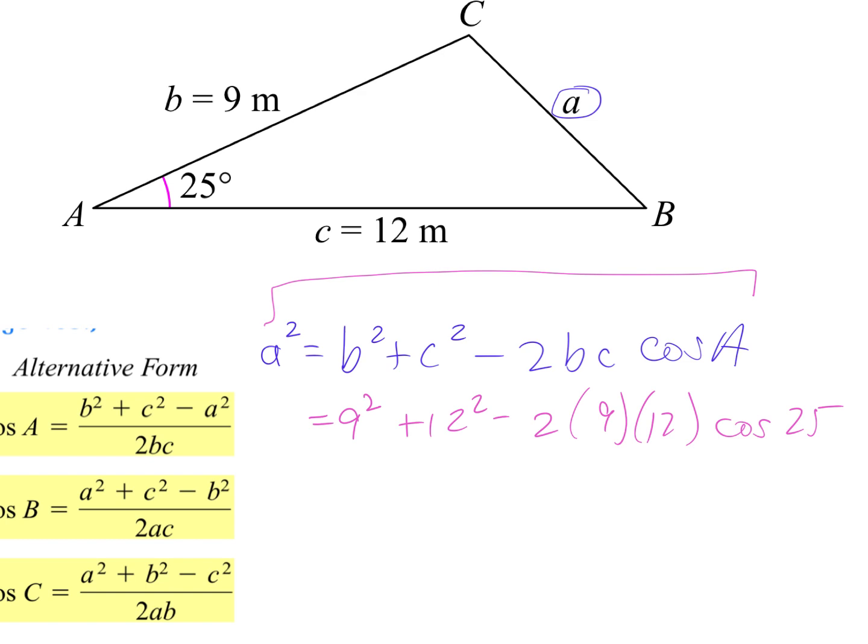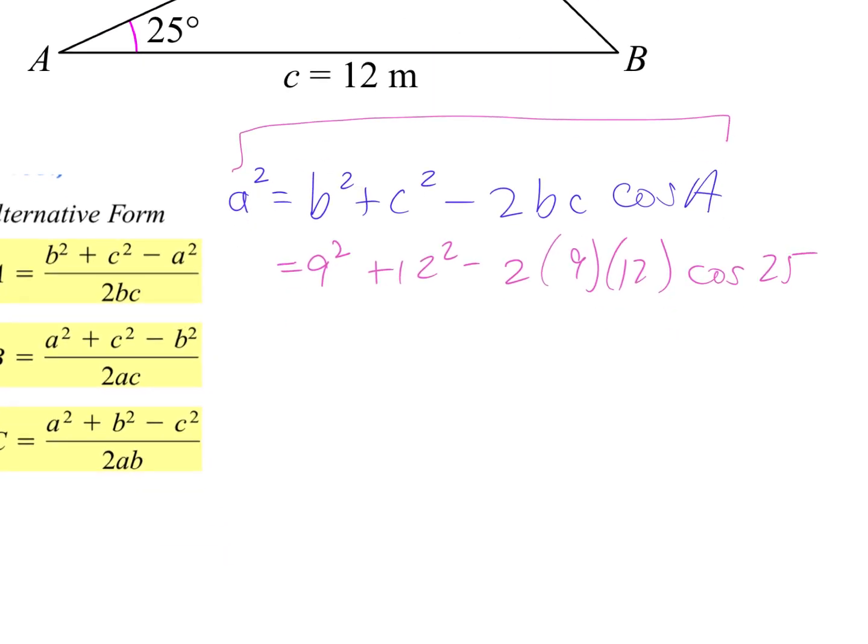To avoid calculator issues, I need to see what you put in your calculator. Some of you don't enter things in your calculator correctly, so just go ahead and simplify a little bit. What's 9 squared plus 12 squared? 81 plus 144. What is that? 225, okay. Minus, what's 2 times 9 times 12 times the cosine of 25?